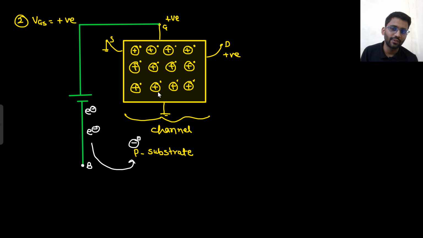After that some of the electrons will reach here and will enhance the channel with free electrons. So in the channel we will have more electrons, and that means there will be more current. So from the negative supply, electrons are going there. Some are recombining with the holes, and some are going into the channel, and because of that we are having more electrons in the channel, and the current increases.